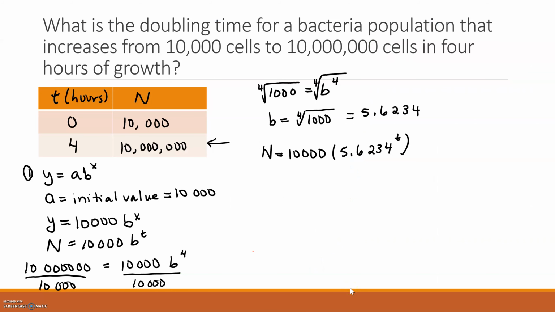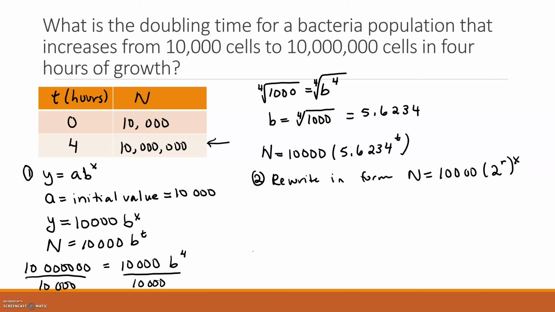So the next step in determining the doubling time is to rewrite our equation in the form n is equal to 10,000 times 2 to the r x.